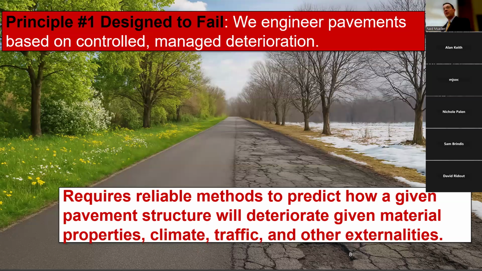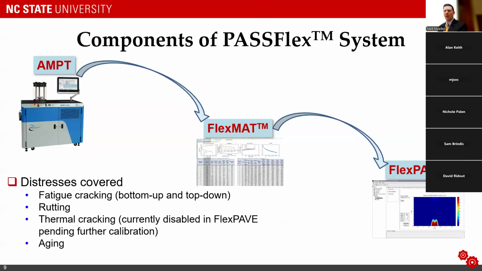Our goal is to try to model and predict the interaction between those physical mechanisms in as accurate a way as possible so that we can hopefully get a reasonable prediction of how that deterioration will happen and then make more economical and efficient decisions on how we design things. So our focus is on improving the reliability of predictions of performance.